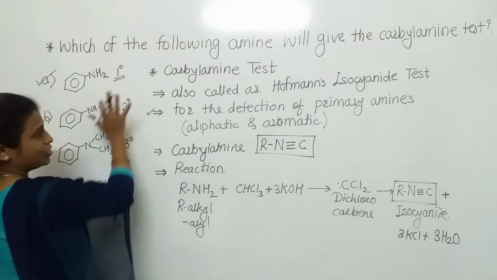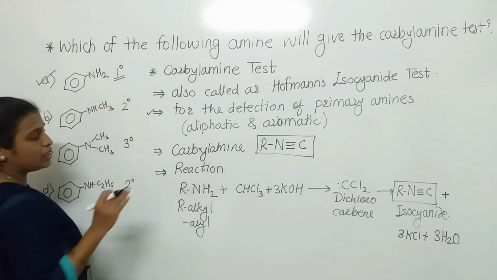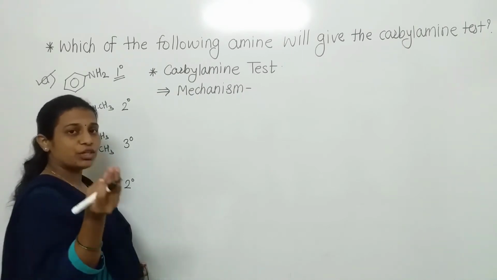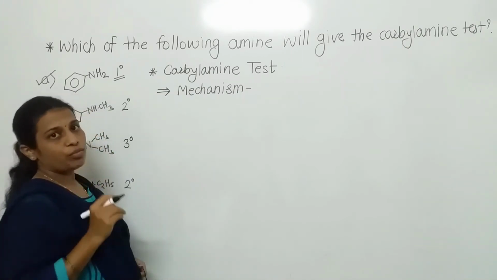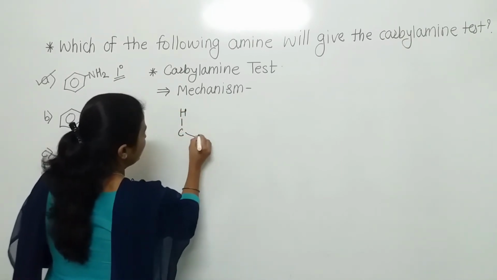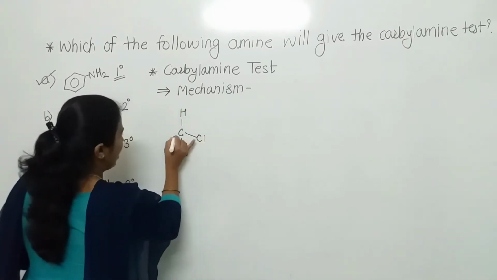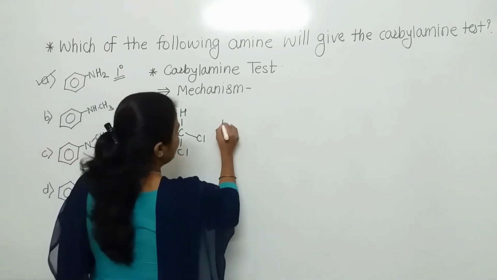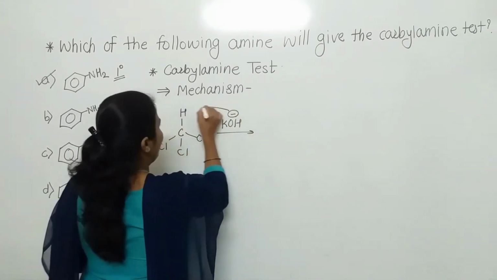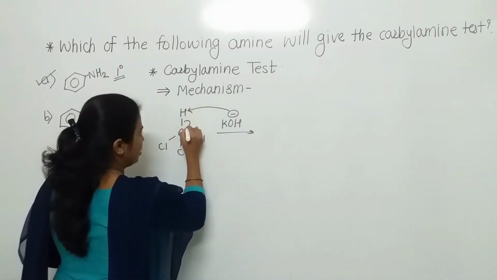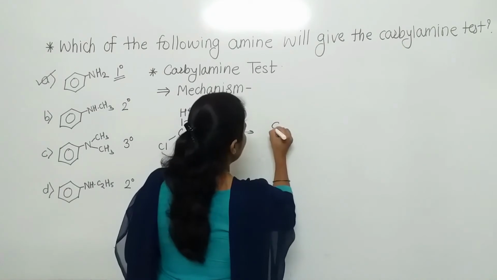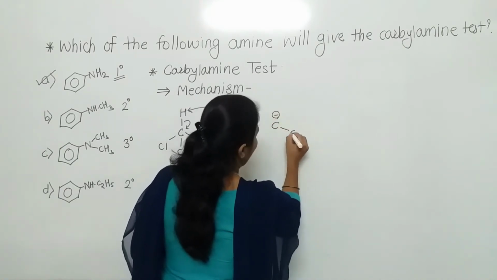So we have completed the question, but the remaining part is the mechanism. Here we have to see the reaction in the first step between chloroform and the base. In chloroform, hydrogen and carbon with 3 chlorine atoms are attached. From the KOH, OH minus will abstract that proton, and here we get the negative charge, C negative with 3 Cl.